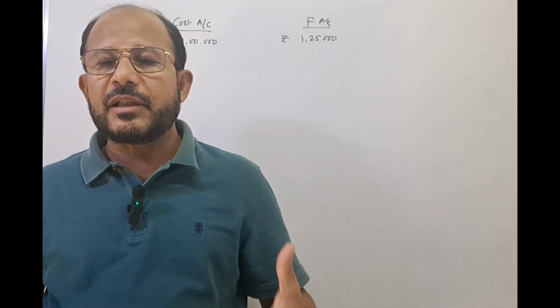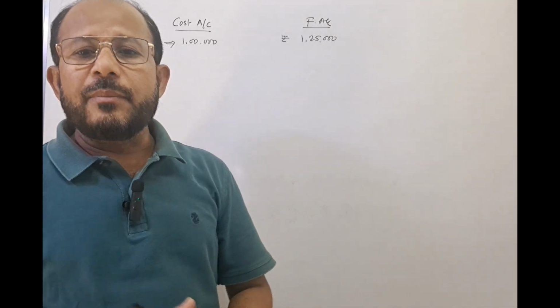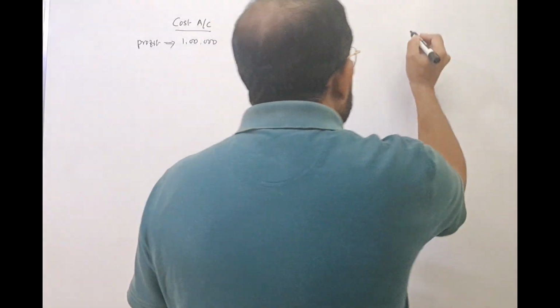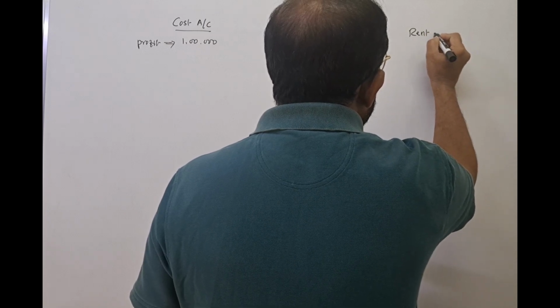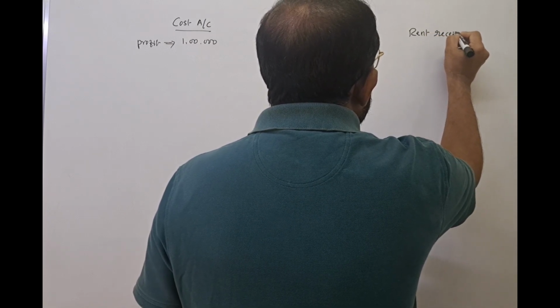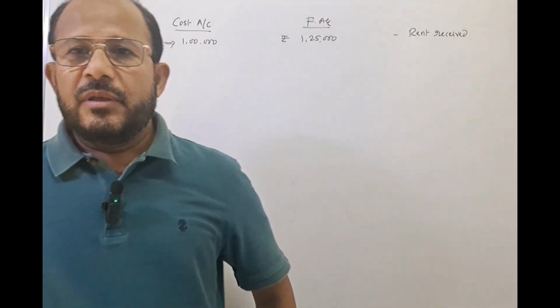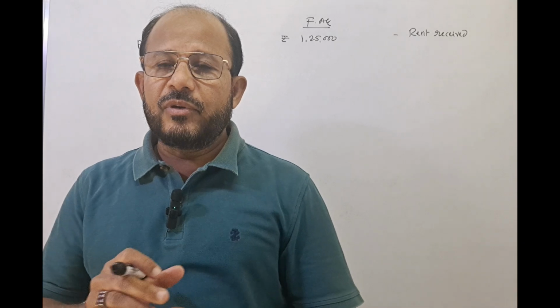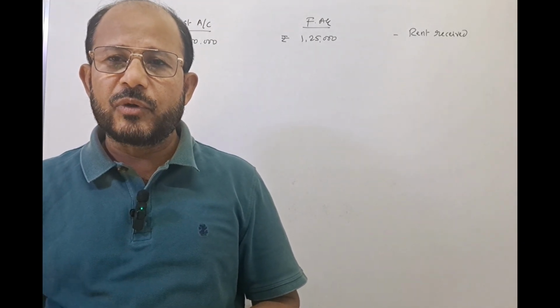Here so many reasons are there, I told you. Here I will take up some examples so that you can easily understand. Some pure financial transactions or financial items are there. For example, rent received. See, rent received is an item of income that we record only in financial books.